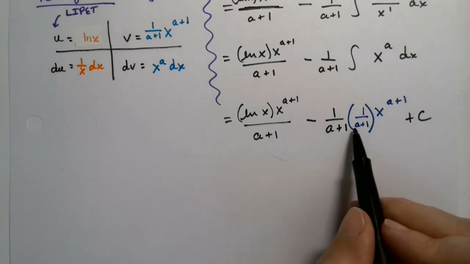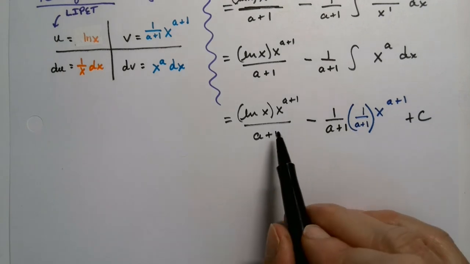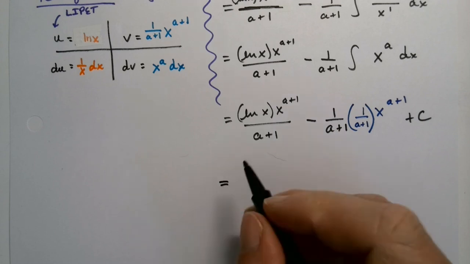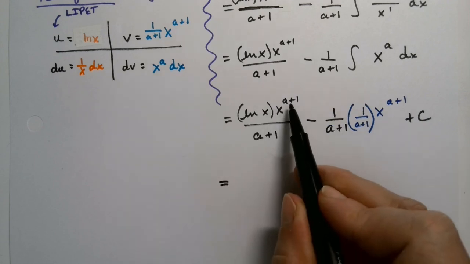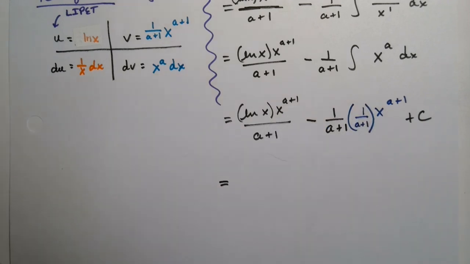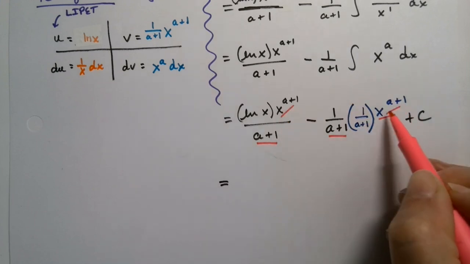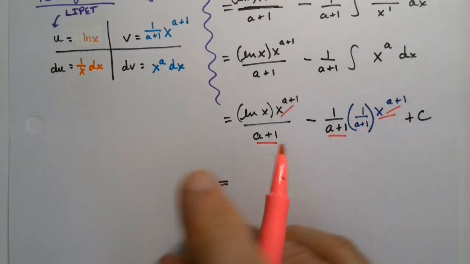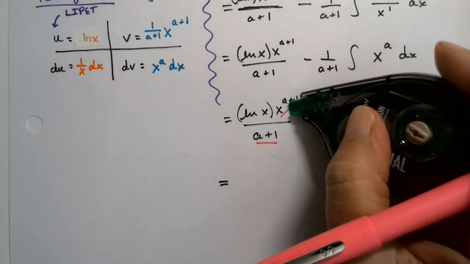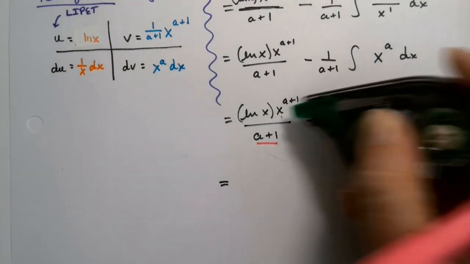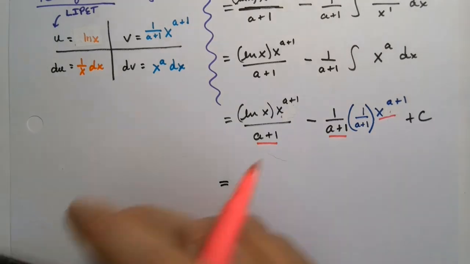All right then, you could say a plus 1 squared, but I noticed that both terms have an a plus 1 in them, and they actually both have an x to the a plus 1. I shouldn't have probably written that as a diagonal, that's a little weird, so let me make it a horizontal line so you can see.